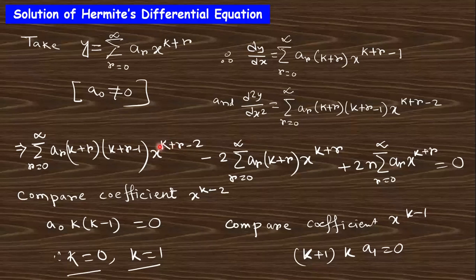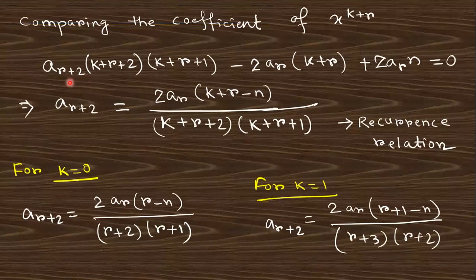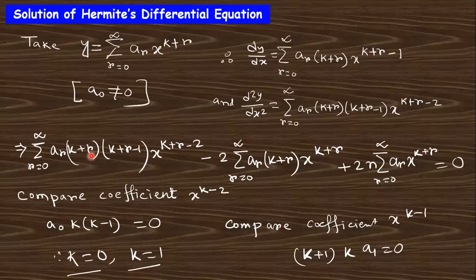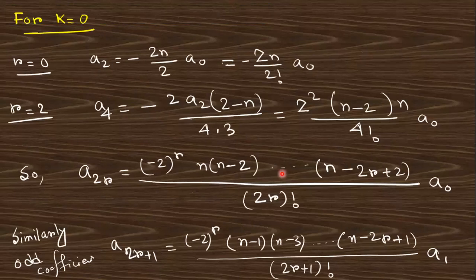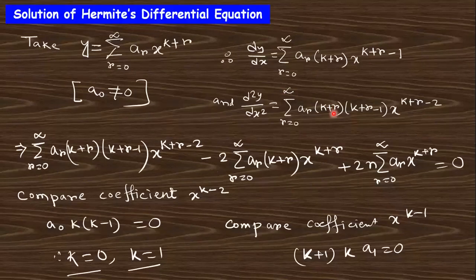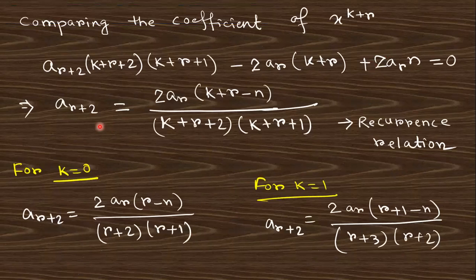Then you get x to the power k plus r, and the coefficient becomes a(r plus 2) times (k plus r plus 2)(k plus r plus 1). In the next two terms we put r equal to r, so you get a_r terms. Putting in these values, you get a relation between the coefficients a(r plus 2) and a_r. This is known as the recurrence relation.